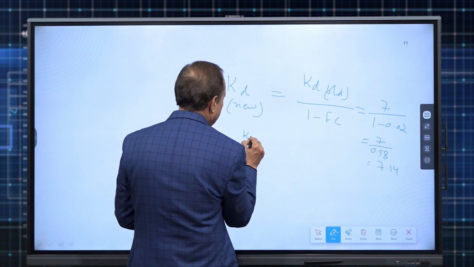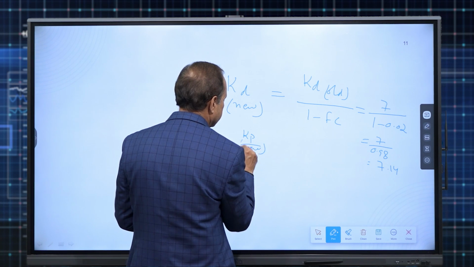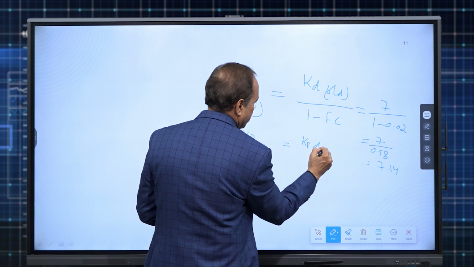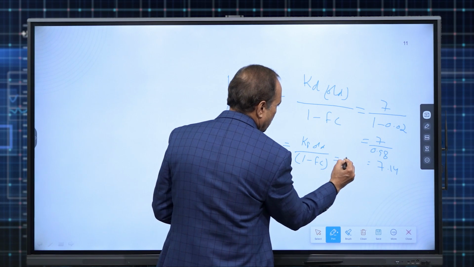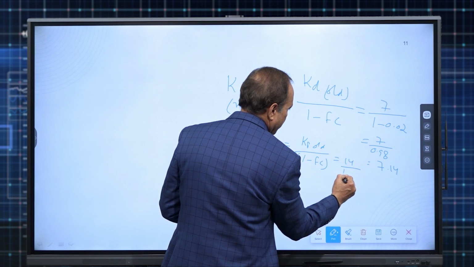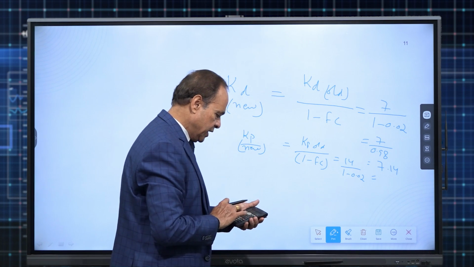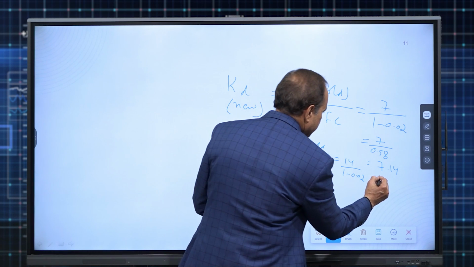Similarly, cost of preference for the new preference, KP old divided by 1 minus flotation cost. So old KP was 14%, flotation cost is 2%, so we get 14 divided by 0.98, 14.29%.